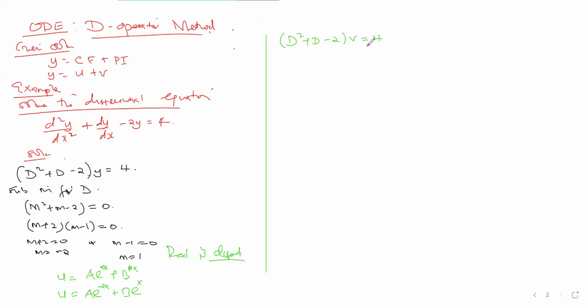If it is a constant, we generally replace it with k. You can use c, since c is also a constant, but in this case we shall use k. If it is a quadratic, then our v is a quadratic, generally represented as ax squared plus bx plus c.